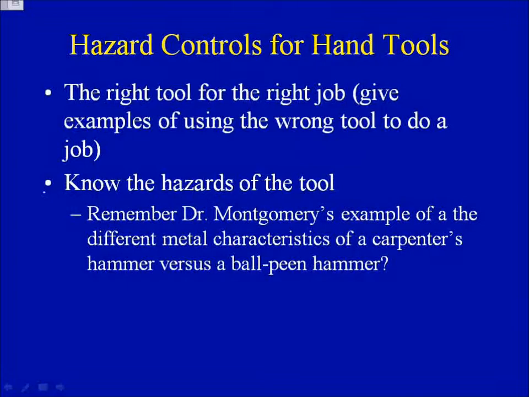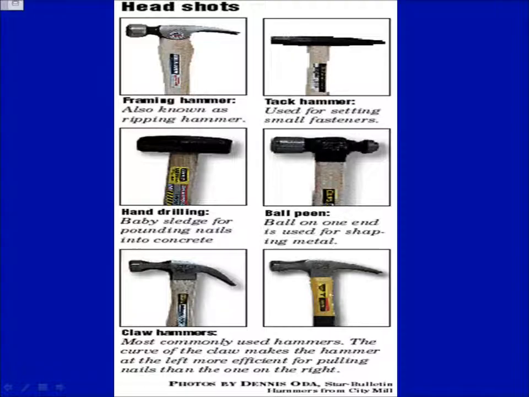Reaction force is that kickback force: once something gets seated, sometimes a tool will kick on you, and that's the reaction force I'm talking about in this example. And then the best tools are the ones that are matched to the task, and that's really the essence of what ergonomics is all about.